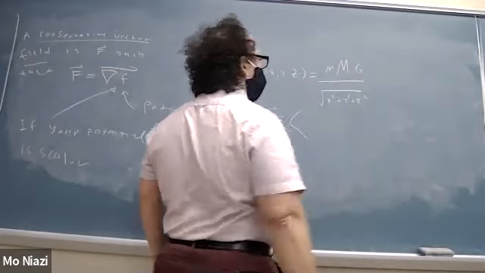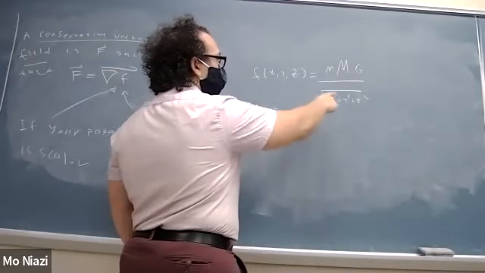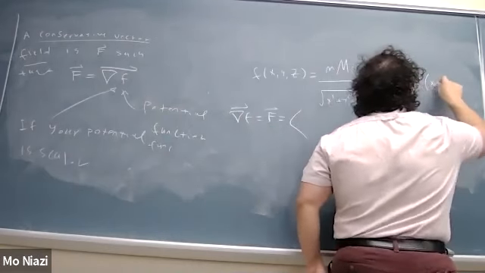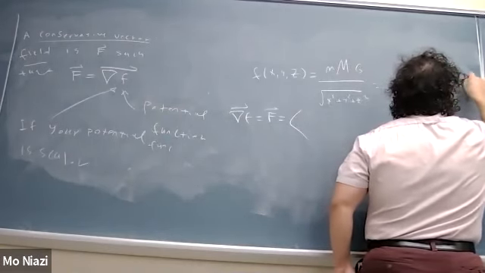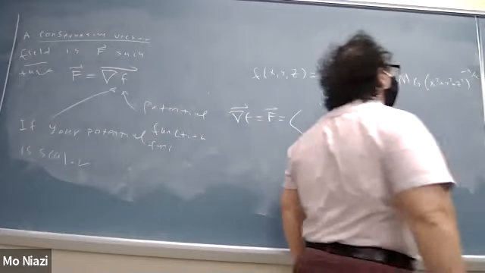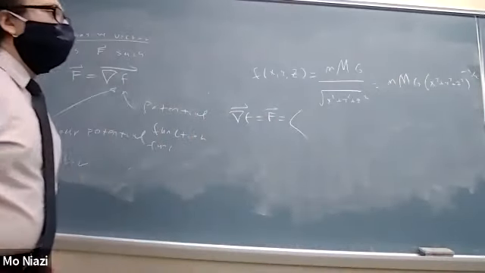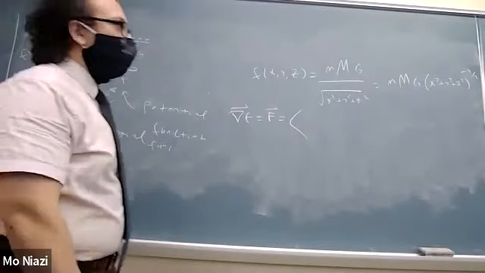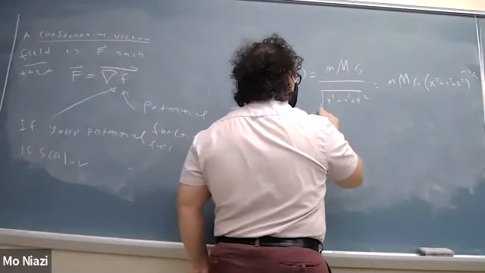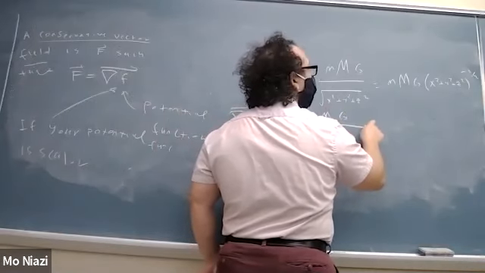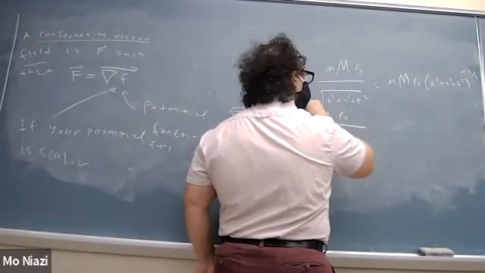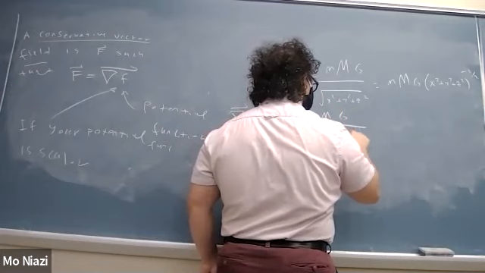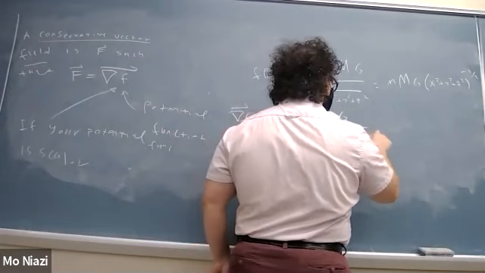When you take the partial derivatives here, notice that this is the same thing as this, right? So then when you take its derivatives, what you end up getting is you get the negatives here. And you get this over there.